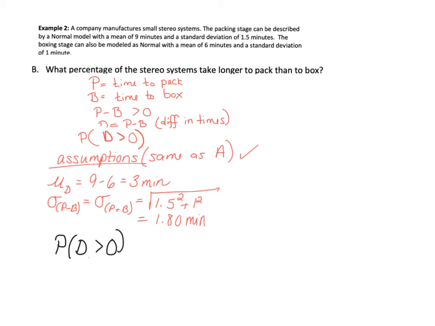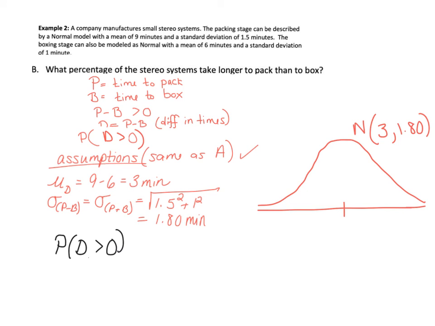That's my event in parentheses. And what's that equal to? In order to see that, I'm going to make a normal model of the difference in my packing minus my boxing. My mean is 3, and my standard deviation is 1.80.